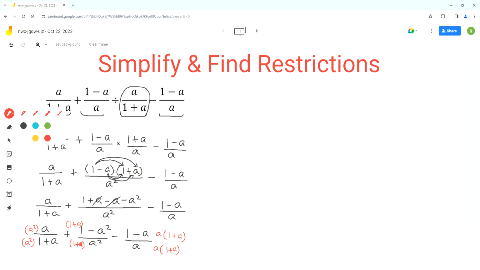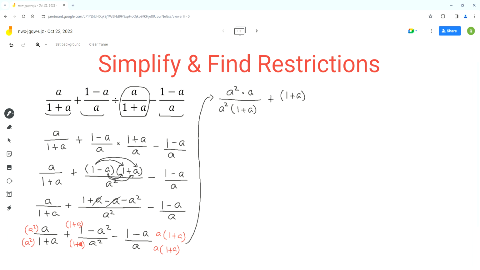So now we can write the new fractions we get from this operation. So we get a squared times a over a squared times 1 plus a in the first fraction. Then plus 1 plus a times 1 minus a squared over a squared times 1 plus a.